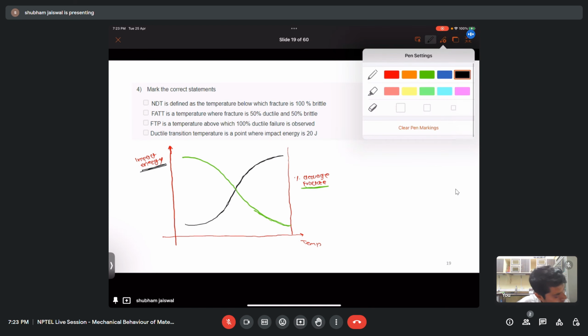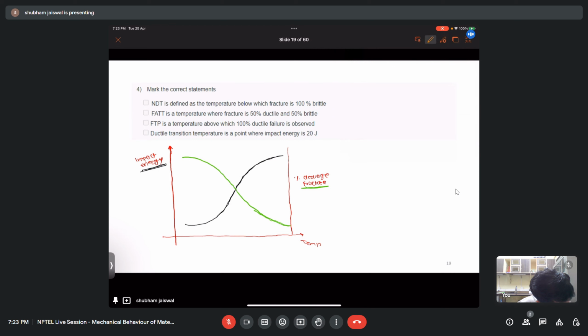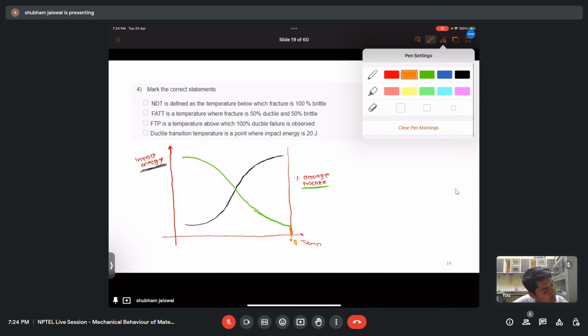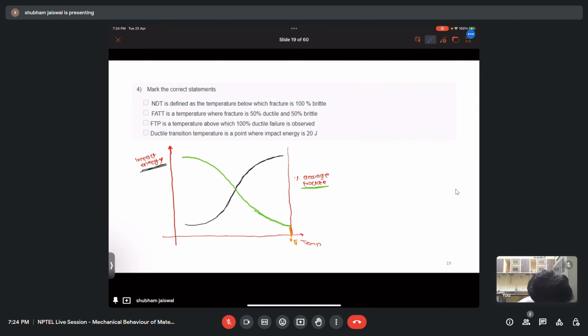Okay, so here we have the first temperature, that is T1. Then we have a second temperature here, T2, and the corresponding fracture is 50%.